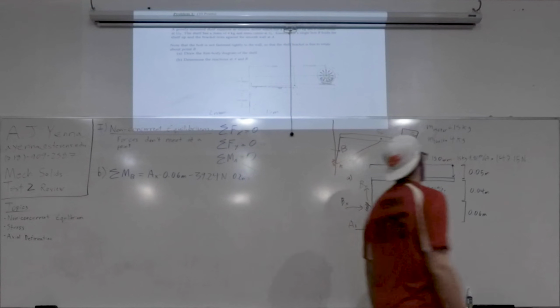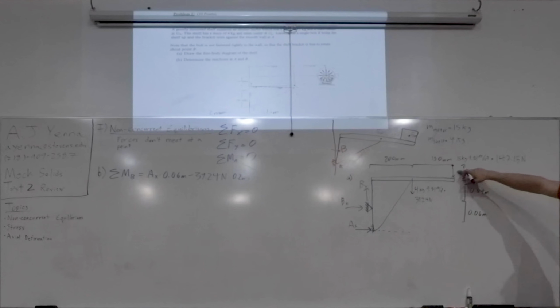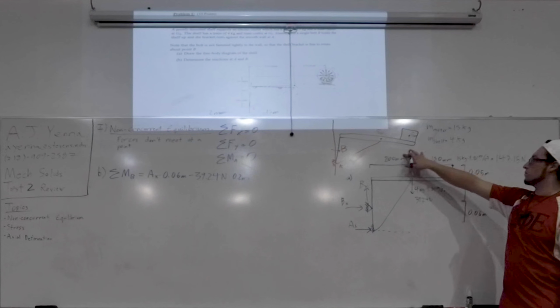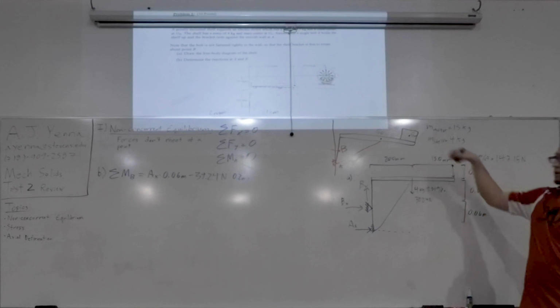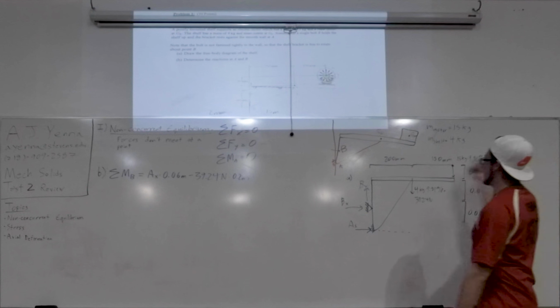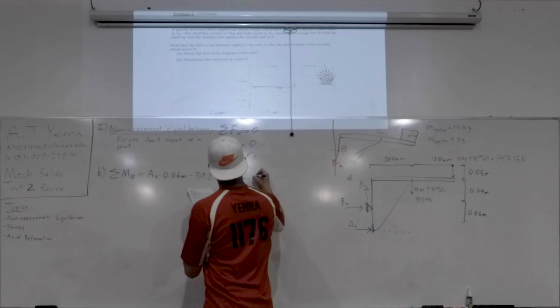And last step is minus 147.15 newtons times this 0.35 meters, because again, you're going clockwise, sign is negative, force times distance. And that's how you get your moment.